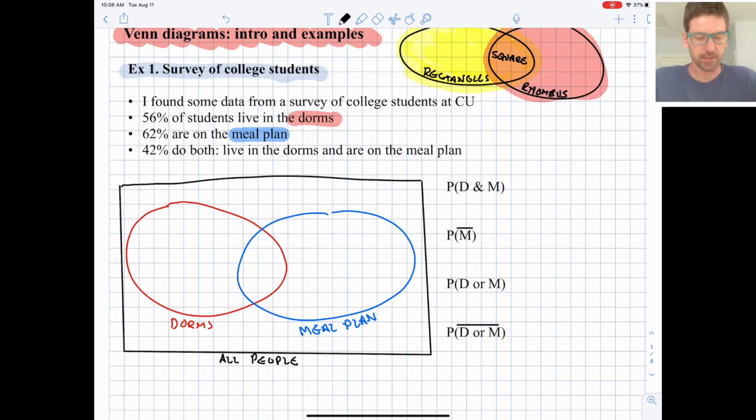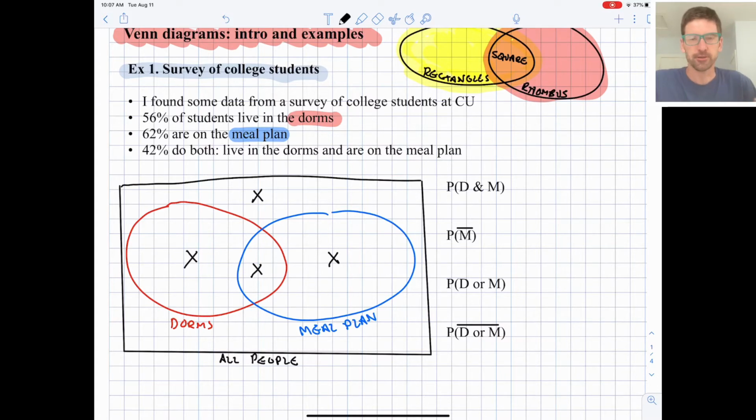We have people that live in the dorms and are on the meal plan, people that live in the dorms but are not on the meal plan, people that don't live in the dorms and are on the meal plan, and people that are not living in the dorms, so they're living off campus, and they're also not on the meal plan. Okay?